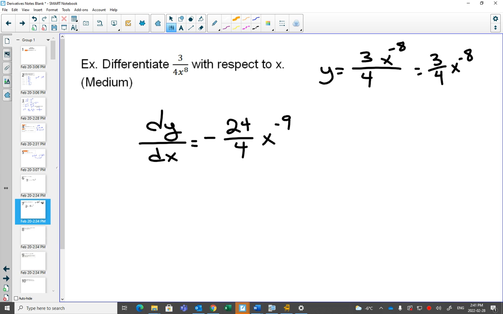You can simplify this to negative 6 x to the negative 9. So this is a medium level one because you had to do some algebraic manipulation first to get it into the power rule form. And that's a lot of what we're going to be doing in this course, figuring out how to manipulate things so we can do the derivative.